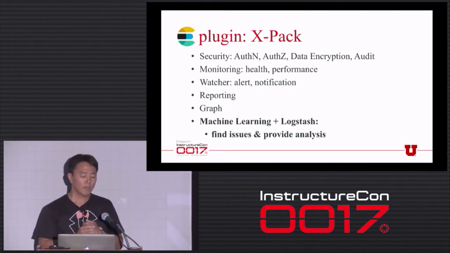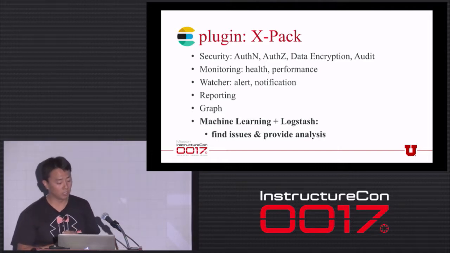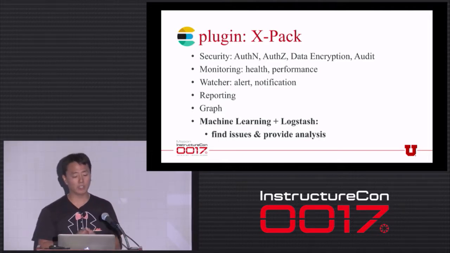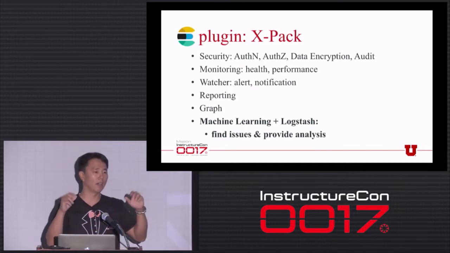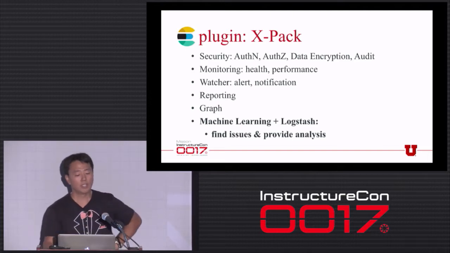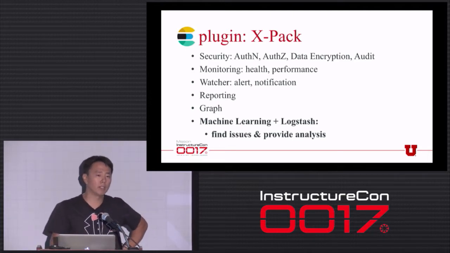So with the combination of the machine learning plugin and the Logstash product, it can detect, without any programming, without any technical knowledge, some weird patterns, weird abnormalities based on the data.